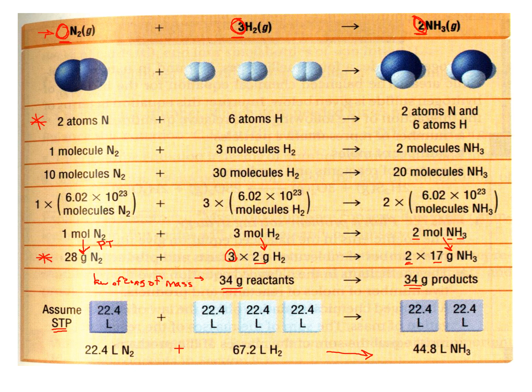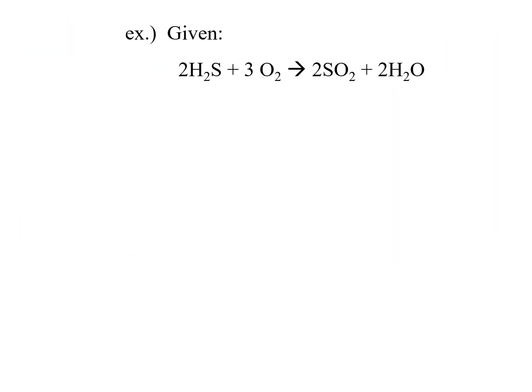If somebody wanted you to figure out how many grams it took, you would have to change the moles into grams, like we learned how to do already. Or if they wanted to know how many liters of a gas that represented, you'd have to change the moles into liters, which again, we've already learned how to do. All right, so let's go ahead and try this with an example.